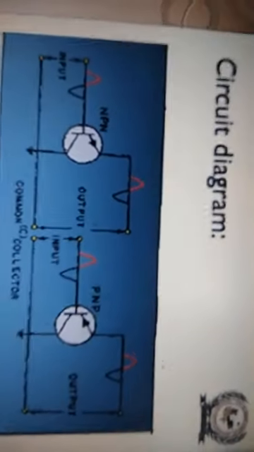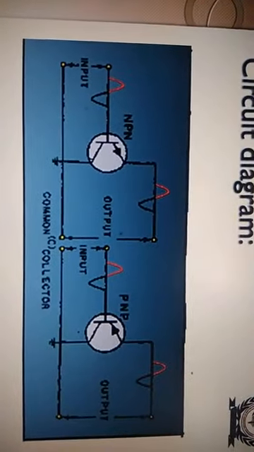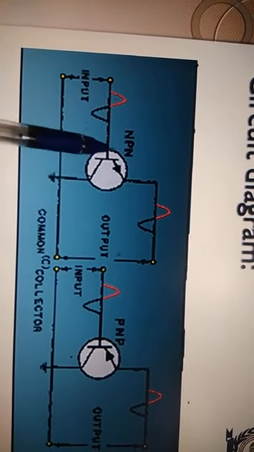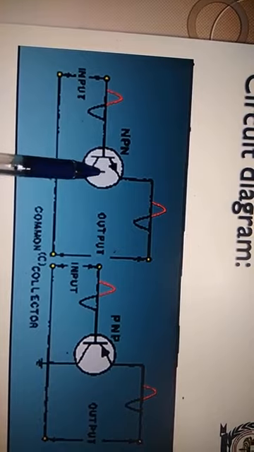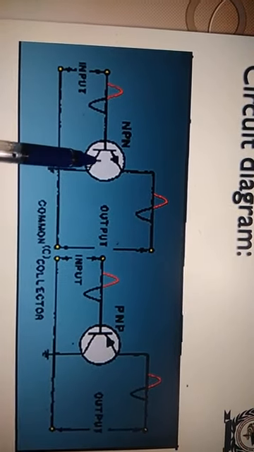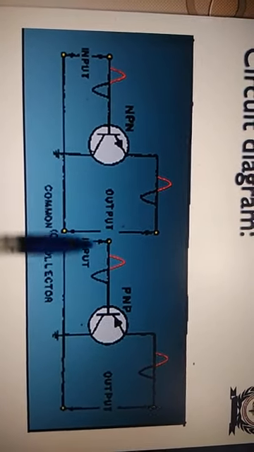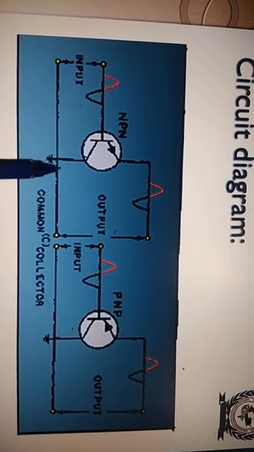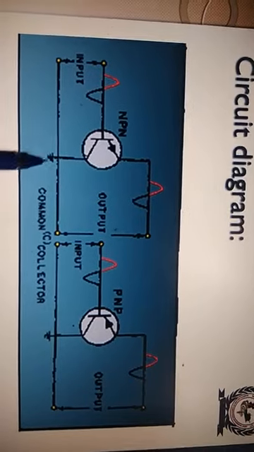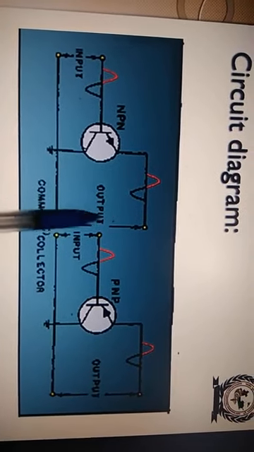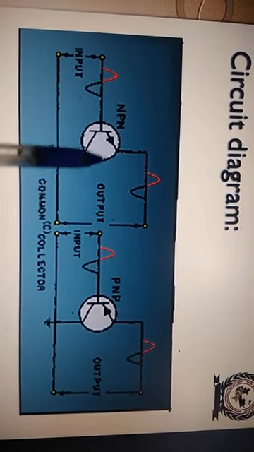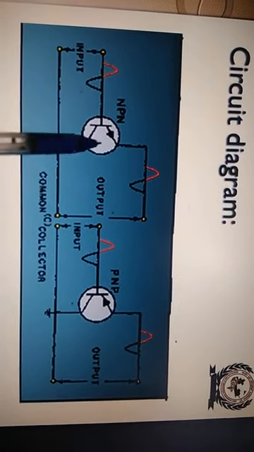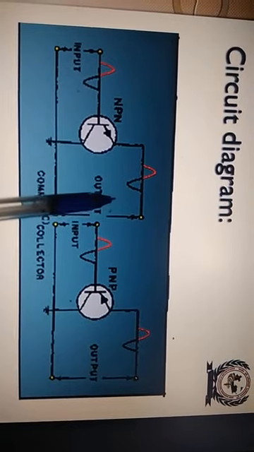You can see this circuit diagram for the common collector circuit. Here this is the input base and this is the emitter. NPN transistor here used and here PNP transistor. So output is taken from this emitter and this collector is grounded, common between this base and this emitter. So this is called as common collector configuration, or it is also known as emitter follower.